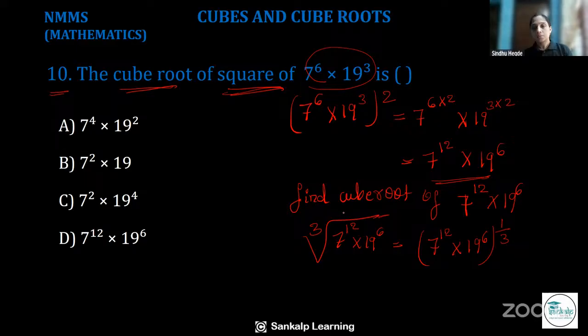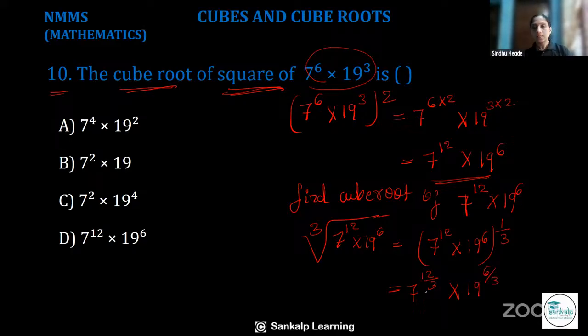So write this first term like this. Then multiply: 7 raised to 12 into 1 by 3, we get 7 raised to 12 by 3, in the numerator 12 into 1. 12 divided by 3, into 19 raised to 6 into 1 by 3, so 19 raised to 6 by 3.